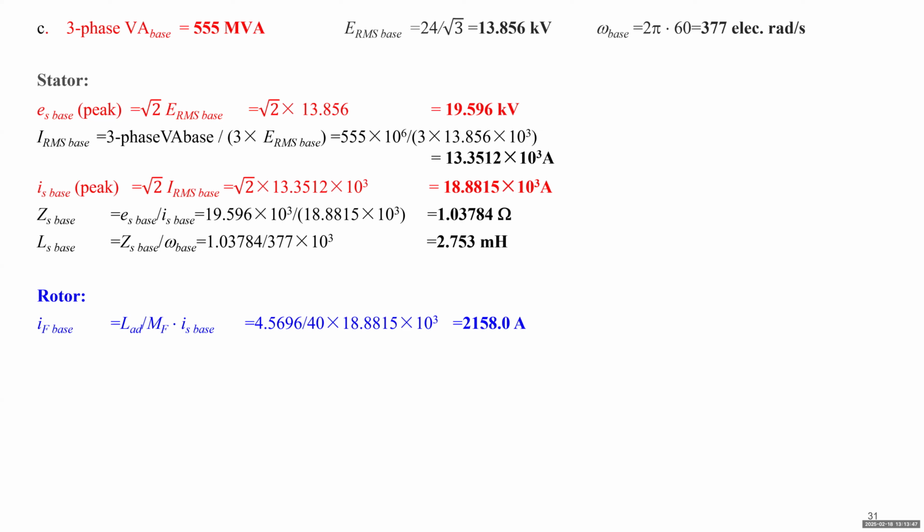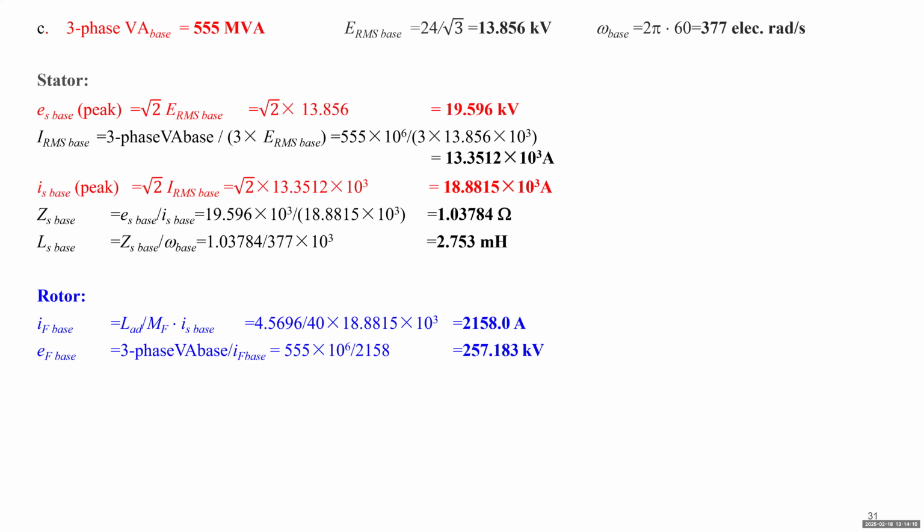We actually proved this equation in a previous lecture, right? If this equation holds and we use this current base, we can make sure first that the power base of the stator and rotor are the same. Then we can make sure the mutual inductance will become LAD in per unit.